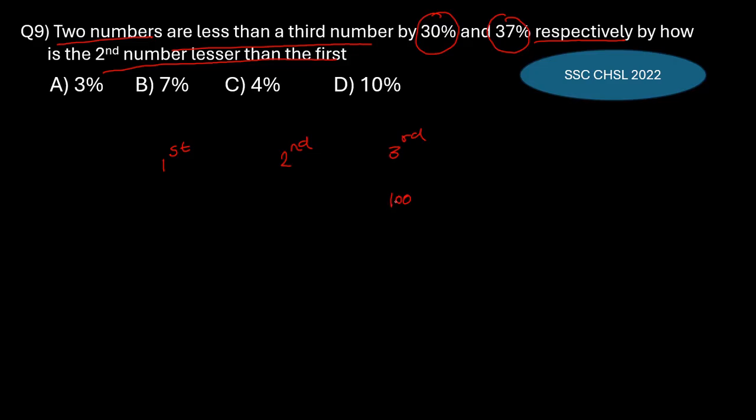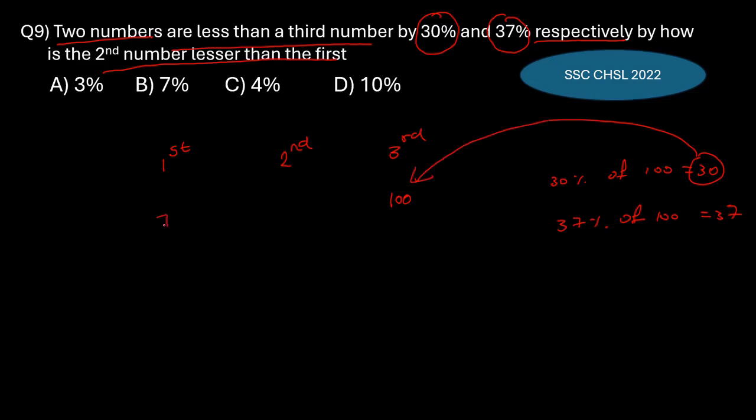So 30% of 100 is 30 and 37% of 100 is 37. First number is 30% less than the third number. So 30% is 30 and the first number is 30 less than the third number.